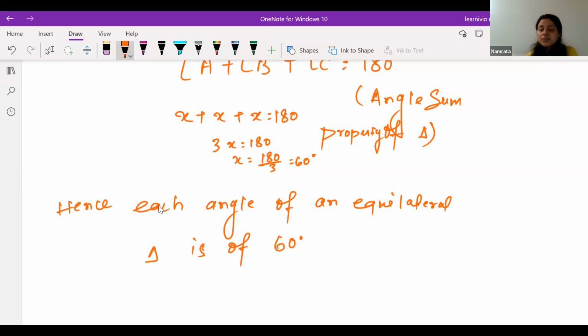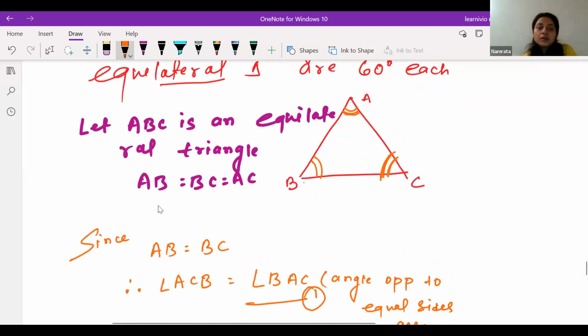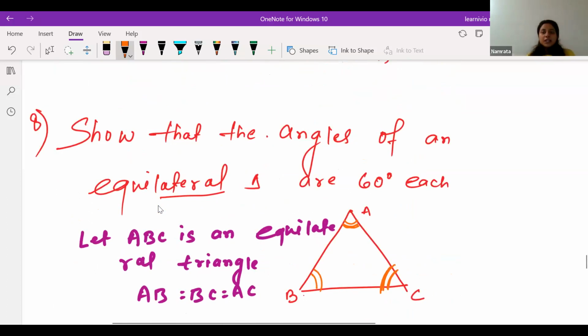Now let's review what exactly we have done over here. The question says show that the angles of an equilateral triangle are of 60 degrees each. We don't know about equilateral triangles; till now we have learned about isosceles triangles. For equilateral, we only know that all sides are same.